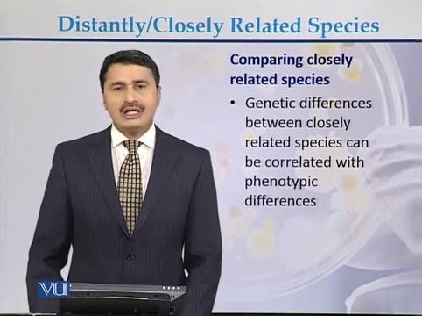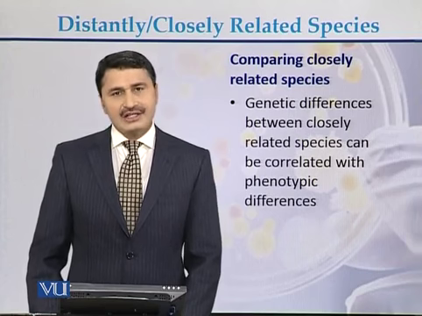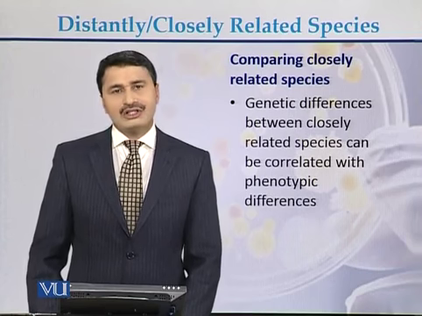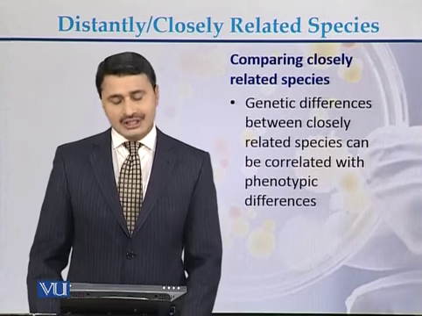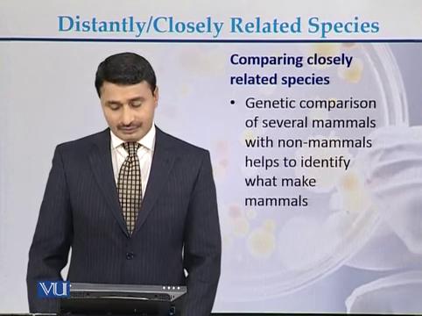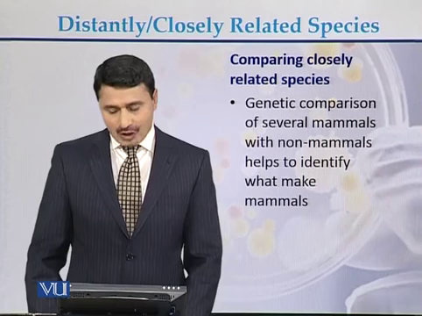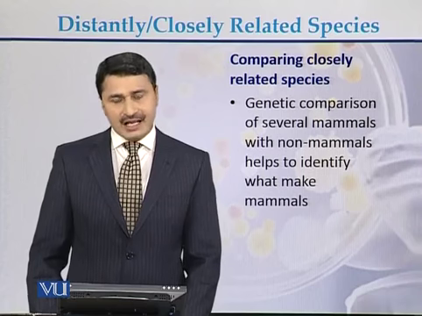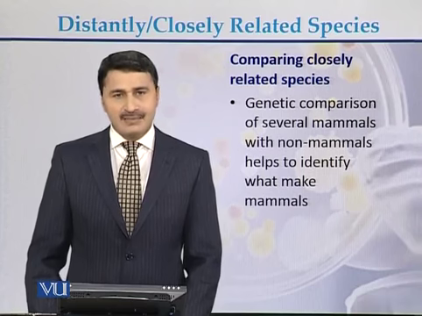Comparing closely related species. Genetic differences between closely related species can be correlated with phenotypic differences. Genetic comparison of several mammals with non-mammals helps to identify what makes them mammals.